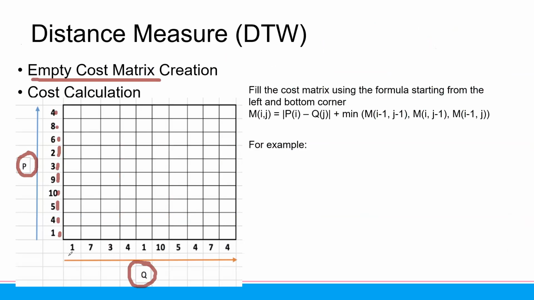Q's values are 1, 7, 3, 4, 1, 10, 5, 4, 7, and 4. So what we are going to do is fill the cost matrix using the formula, starting from the left and bottom. So we start from this.